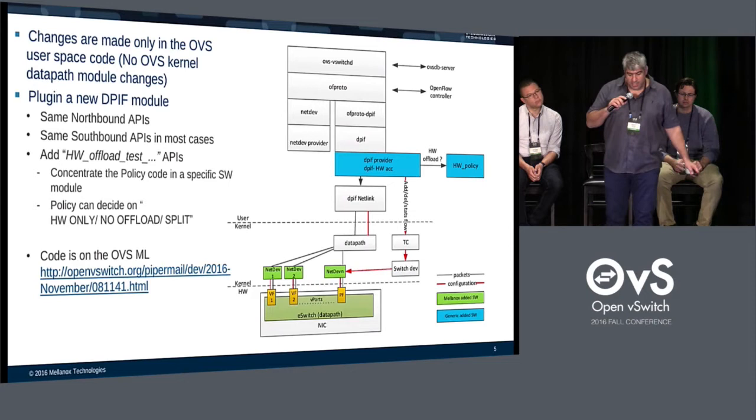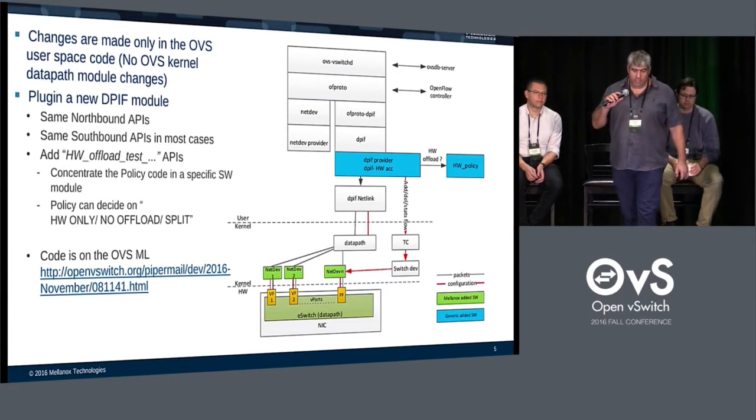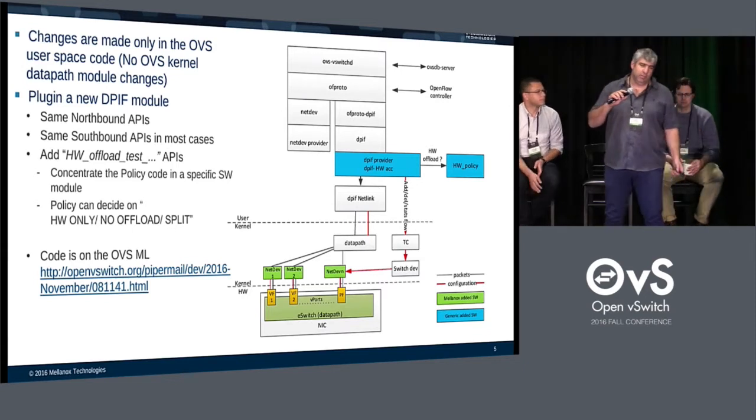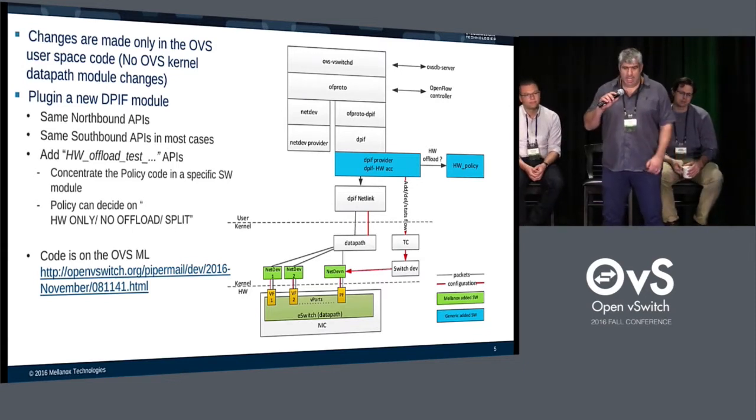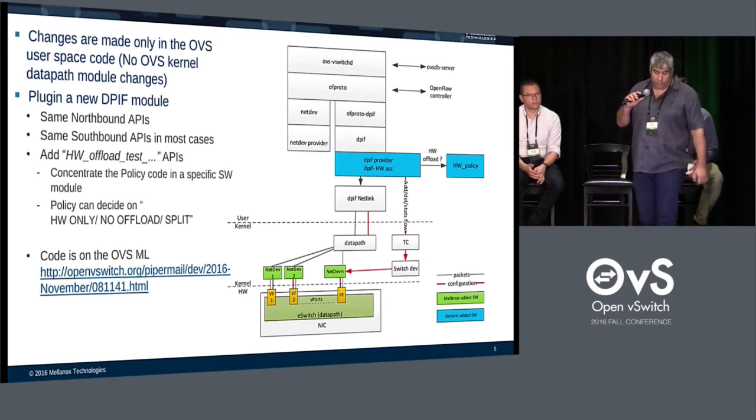So the idea was to use the TC flower classifier, which we already pushed to the kernel. Currently you can use TC rules to forward the traffic between ports. We already pushed all of this upstream, and now we want to use Open vSwitch to control it.